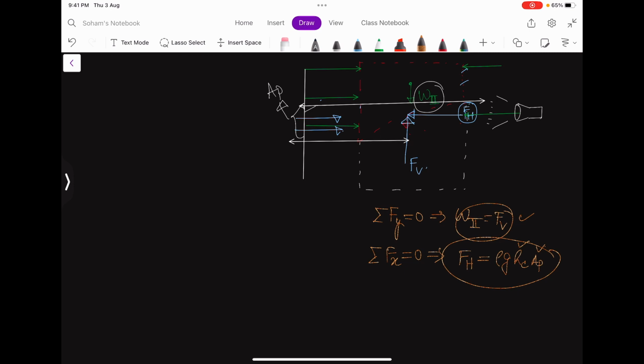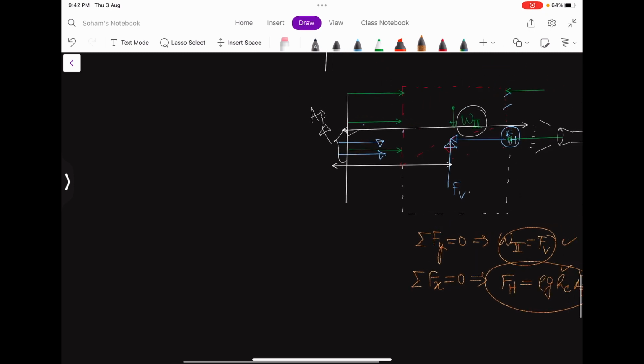I did not apply any concept that you did not know from your 10 plus 2 level. By first principles, like Newton's first law, second law, and static equilibrium, I have developed the equations.